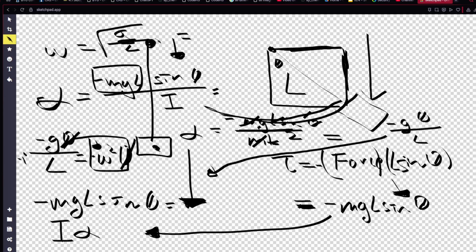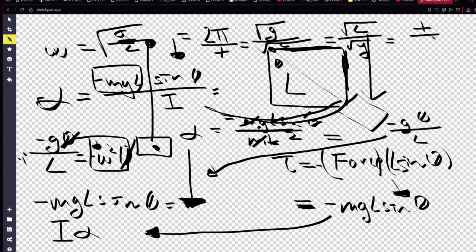But here's the thing with algebra, you can manipulate this into many different variables. So what is w again? w is equal to 2 pi times frequency, or 2 pi over T, which is square root g over L. Guess what we can do? We can set the power of -1 on both sides, and it'll flip both sides to get square root L over square root g is equal to T over 2 pi.